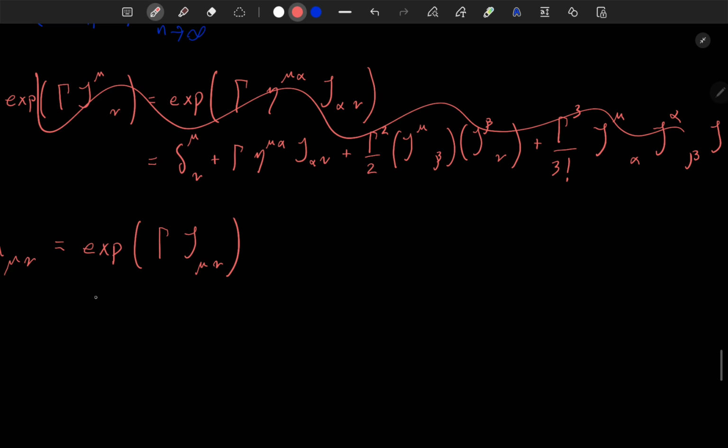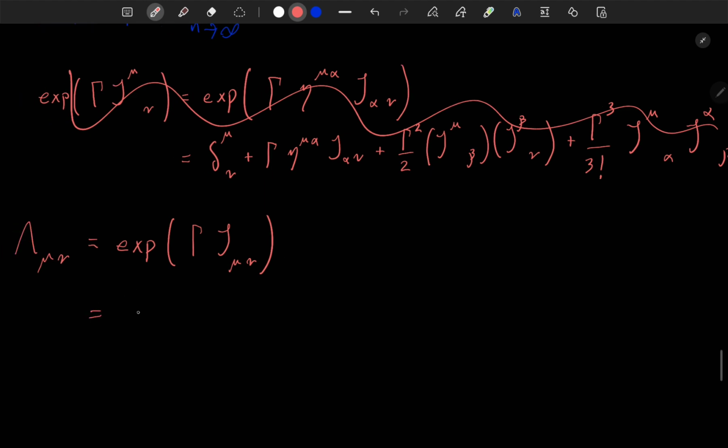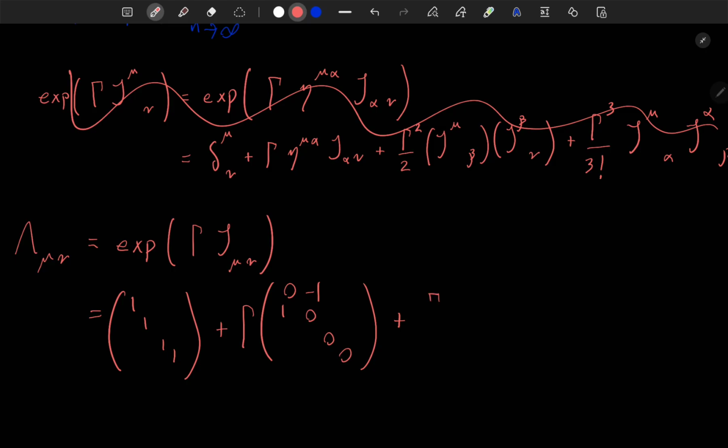So it will become, nicely, identity plus gamma times 1, minus 1, plus gamma squared over 2. And then it will be this matrix squared.